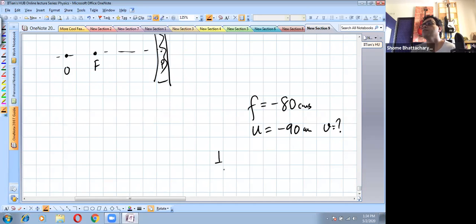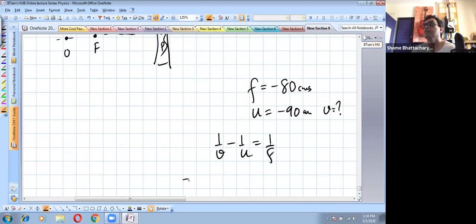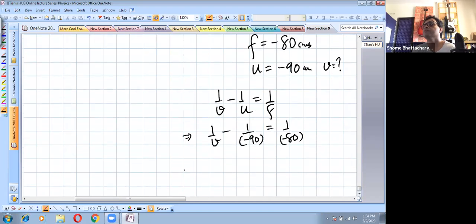So 1 by V minus 1 by U is equal to 1 by F. This is the formula we use. So 1 by V minus 1 upon minus 90 will become 1 upon minus 80. So 1 by V becomes negative of 1 by 80 plus 1 by 90.